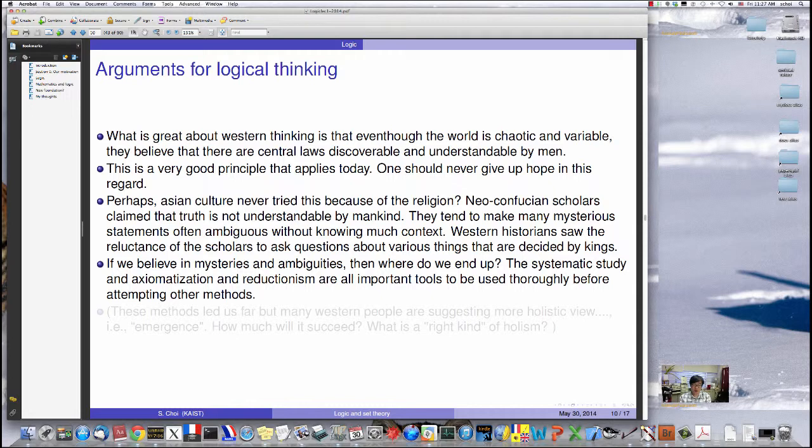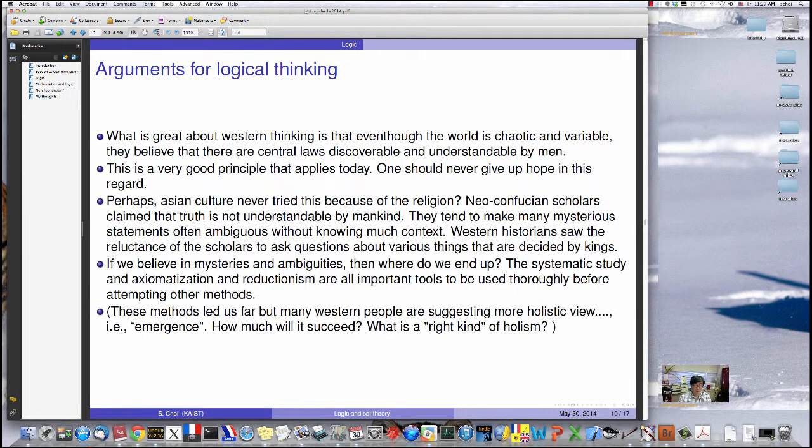The systematic study of axiomatization and reductionism are very important tools to be used before you attempt other methods. These methods have led us very far. But many Western people are suggesting a more holistic view, such as emergence.